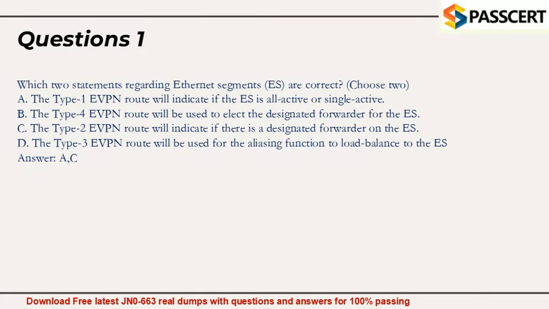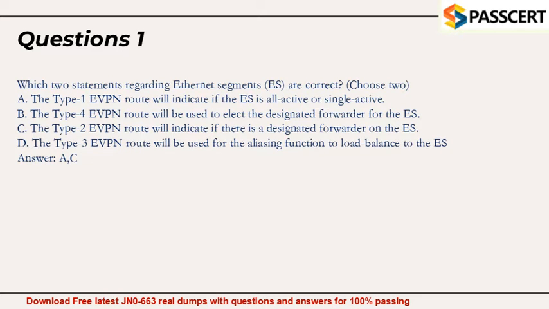Question 1. Which two statements regarding Ethernet segments (ES) are correct? Choose 2. A. The Type 1 EVPN route will indicate if the ES is all-active or single-active. B. The Type 4 EVPN route will be used to elect the designated forwarder for the ES.